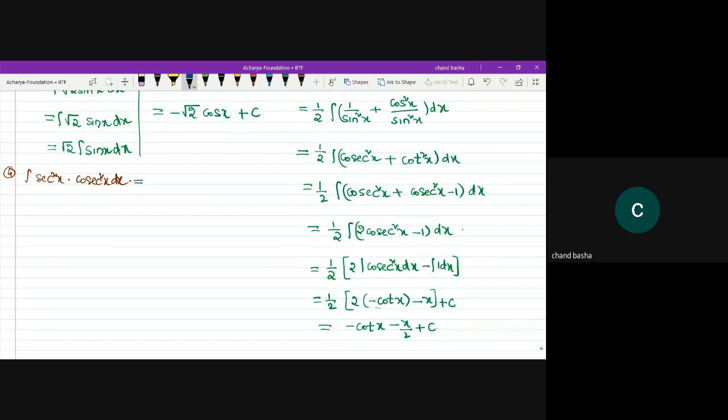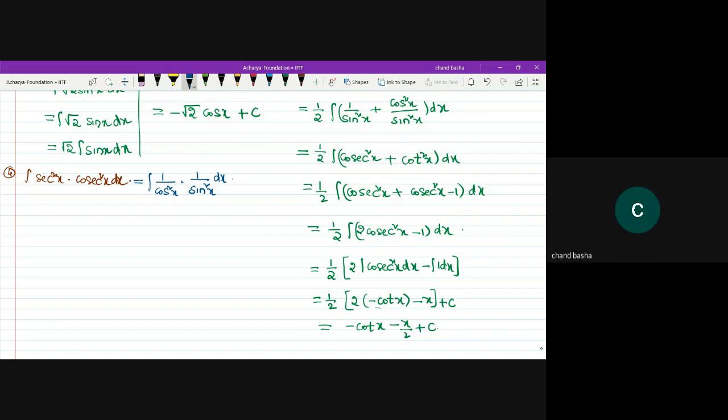Sir, which identity can I apply? Let us see. I can make use of secant square as 1 by cos square. Can we write 1 by cos square into cosecant square as 1 divided by sine square x into dx? Hope you can understand this step.